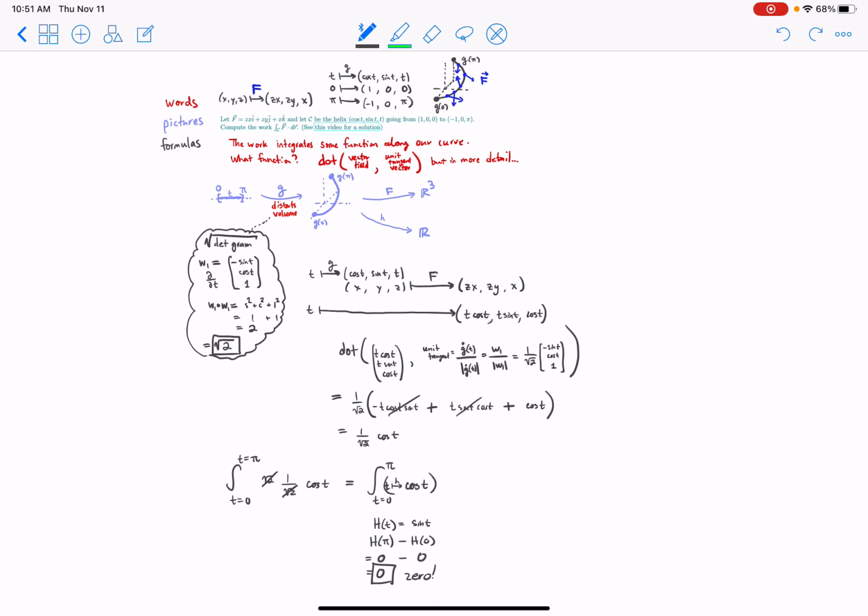So this is an interesting problem. It really requires you to remember what the dimensions are, where these maps are going, and so this picture is incredibly helpful to see that really on the curve we have the vector field and we have some other function which measures how much the vector field is pointing along the curve. And yeah, it's pretty interesting.